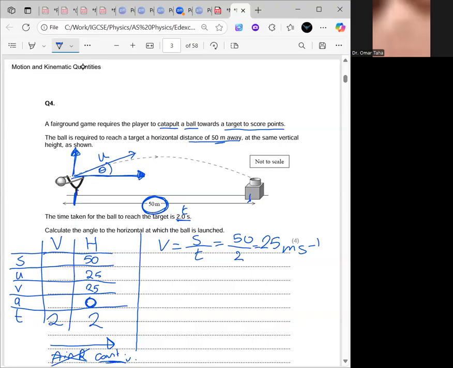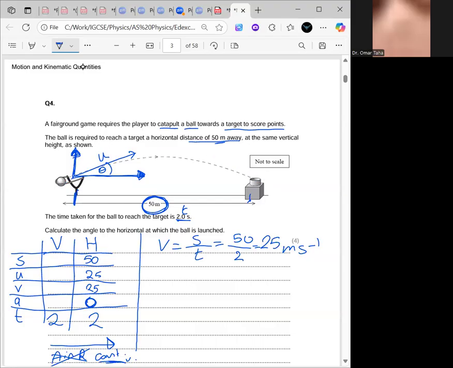The next thing that we need to do is to find the U here, this vertical component. For you to do this, let's think about it a little bit. We have the time for the whole journey.